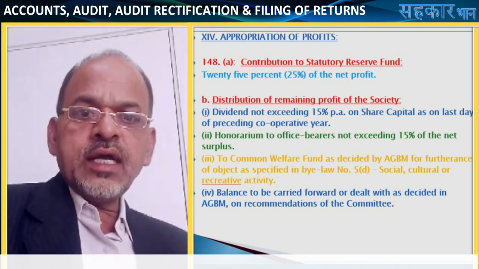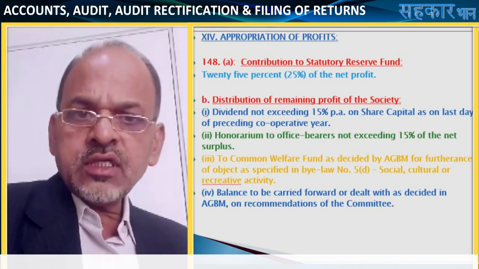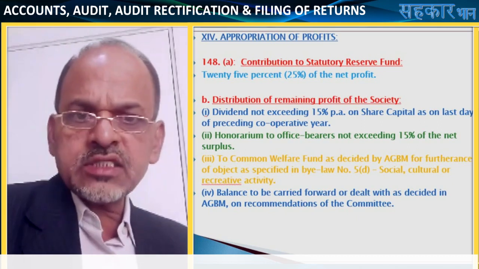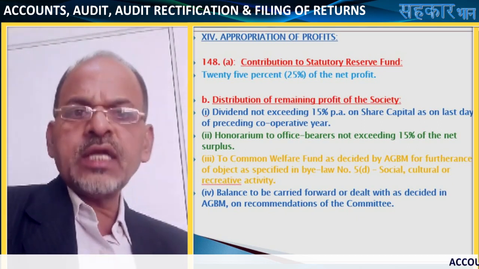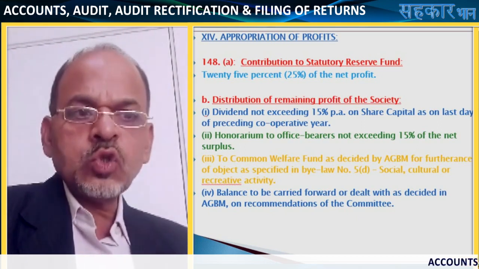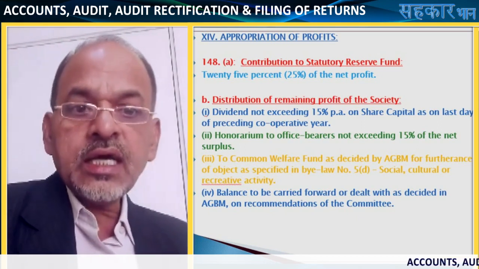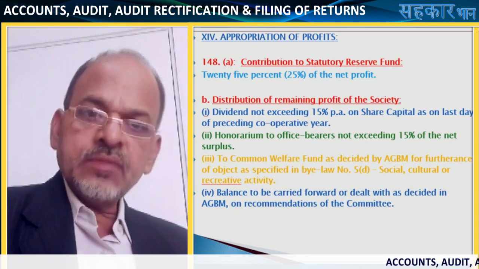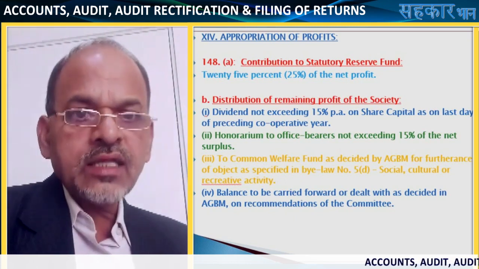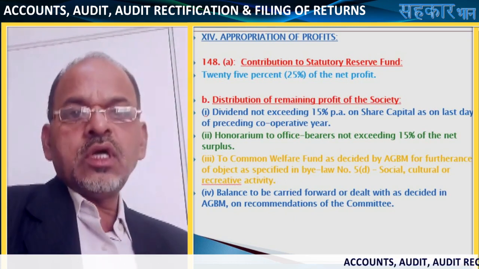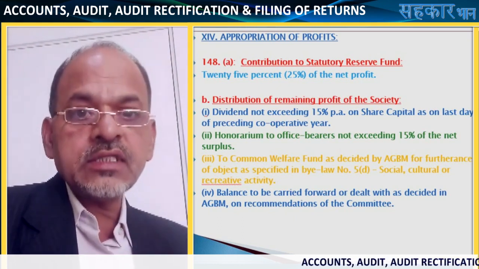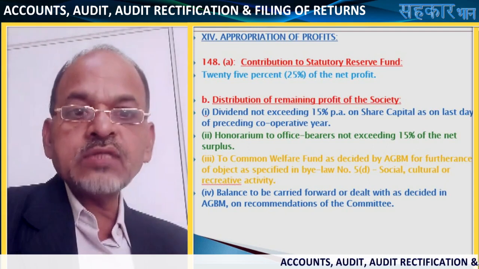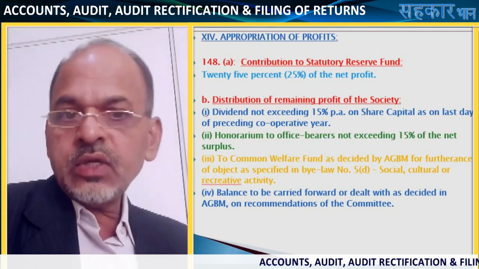And in that bylaw, bylaw 5D is social, cultural or recreative activity. Means the society can carry out itself or with the help or assistance of any other organization, etc. The society can carry out social, cultural or recreative activity.